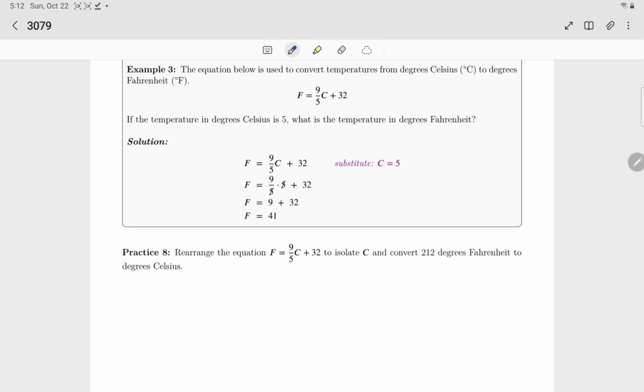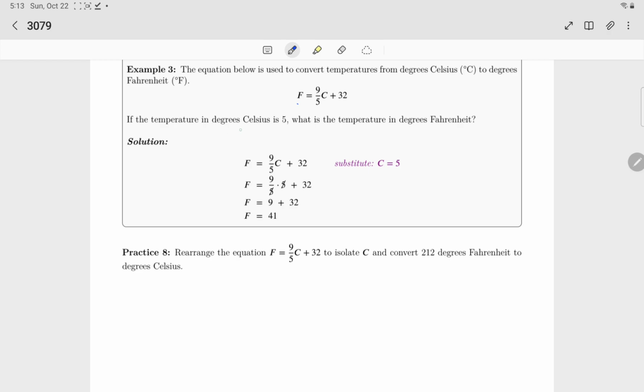Another example when we have to rearrange equations is to convert temperatures from degrees Celsius to degrees Fahrenheit or vice versa. The equation, temperature in Fahrenheit equals 9 over 5 times temperature in Celsius plus 32, is given.